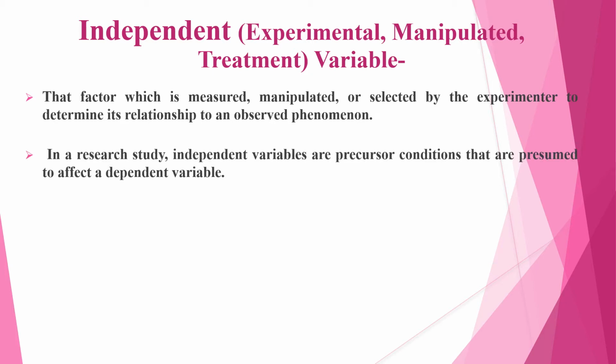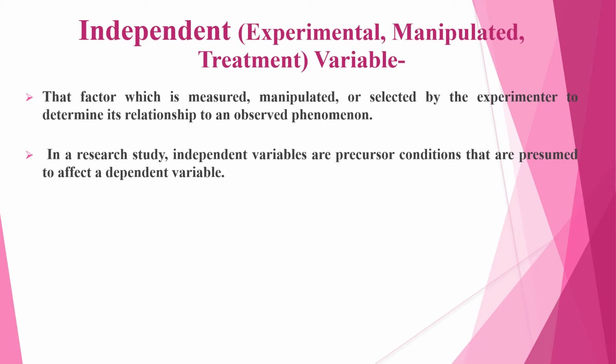In a research study, the independent variable is the precursor condition that is presumed to affect the dependent variable. What happens in research is that the researcher always has an idea that if something changes, it will affect some other factor in the working system.